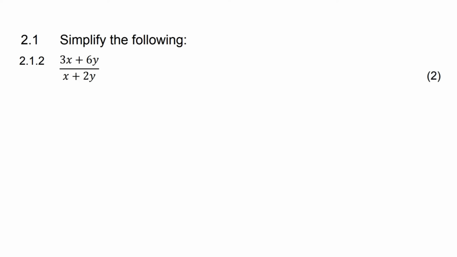With this question, the first thing I want to tell you is that you must not cancel. You mustn't do something like this. You mustn't go cancel, cancel. Please don't do that. Why can't you do that? Well, there's a very big difference with, let's say I gave you 3xy over 2xy squared.